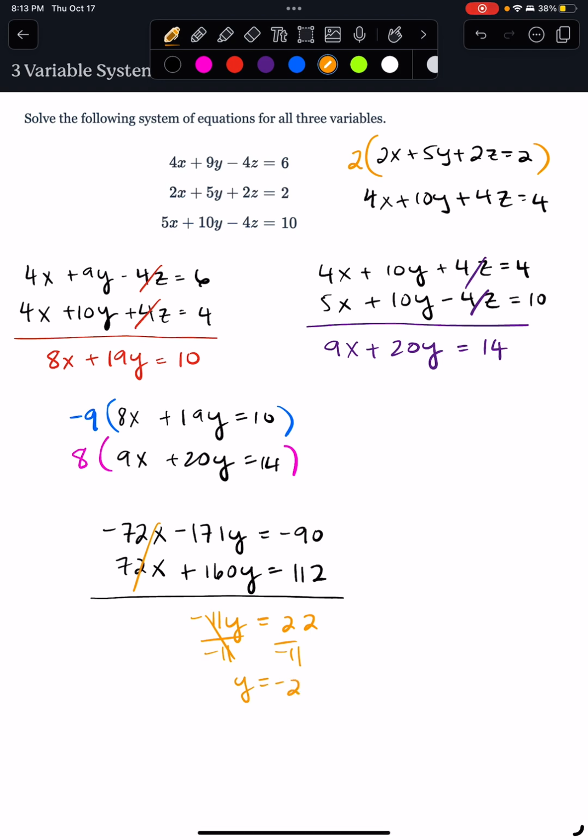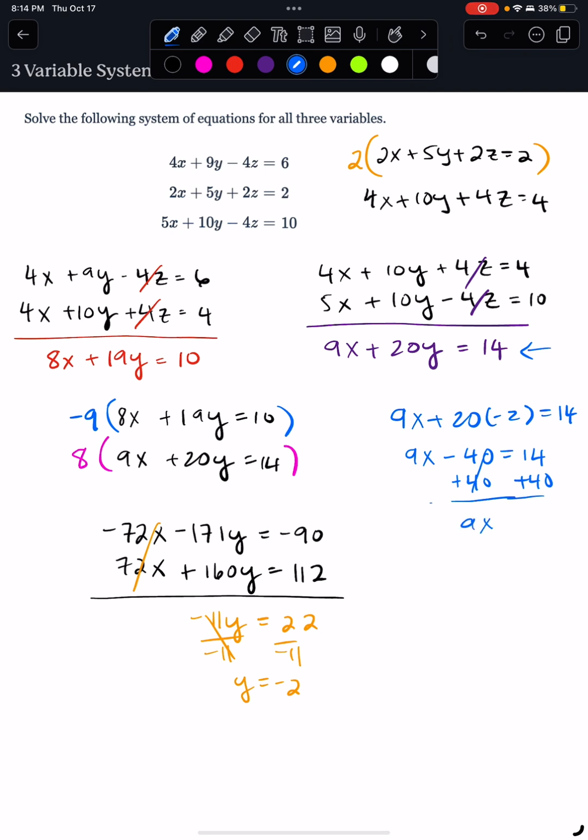So now that we have y, the next variable that makes the most sense to solve for is x, because in this step of the equation we had both equations with just an x and y value. So we can do 9x plus 20 times negative 2 is equal to 14. So 9x minus 40 is equal to 14. We'll add 40 to both sides, and we'll be left with 9x is equal to 54. And when we divide by 9 on both sides, we're left with x is equal to 6.